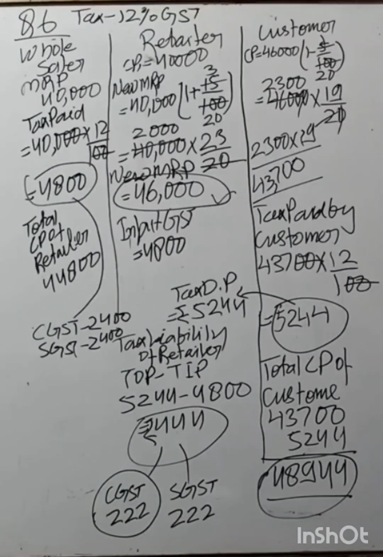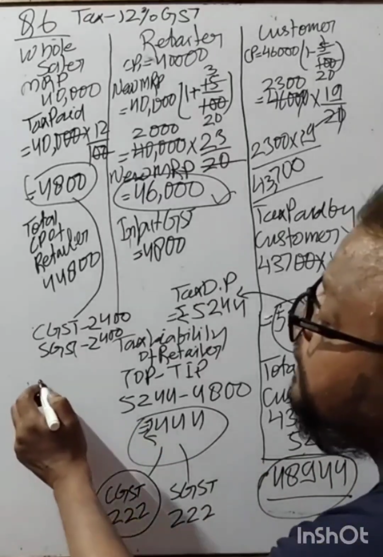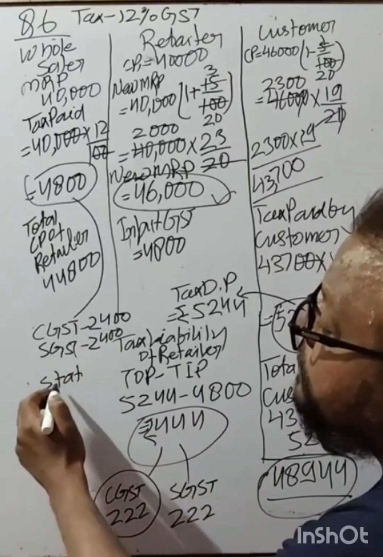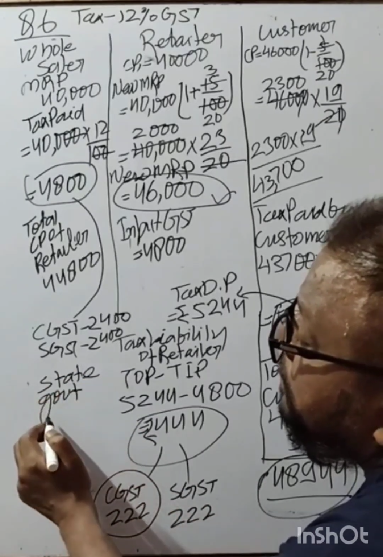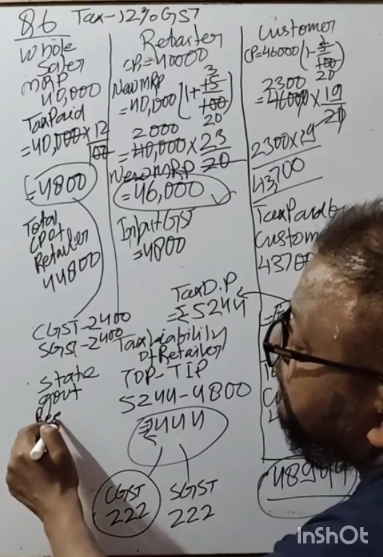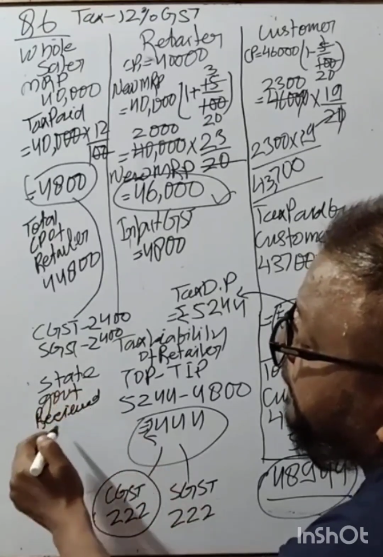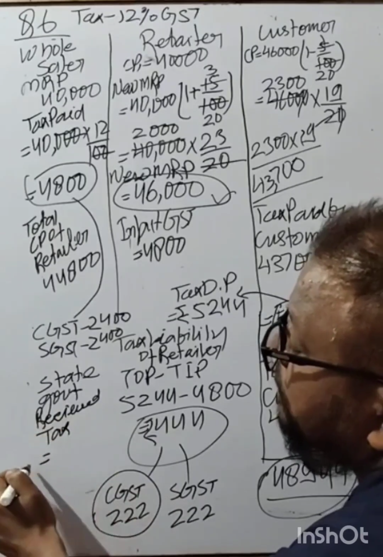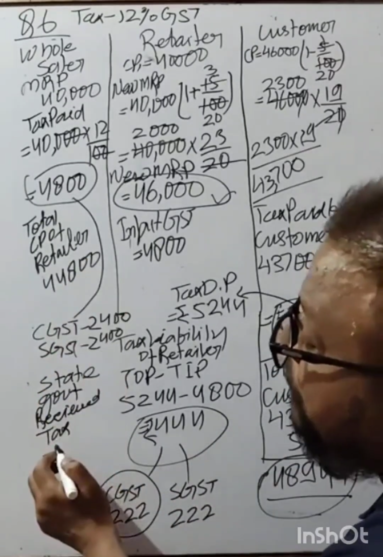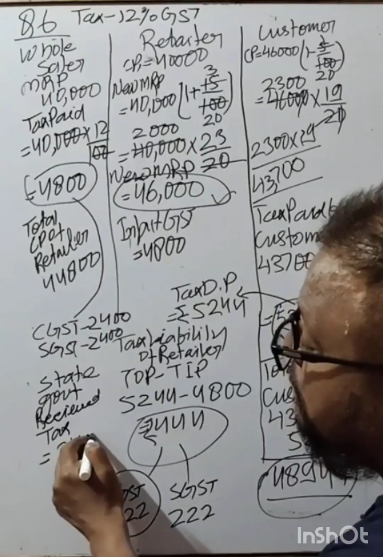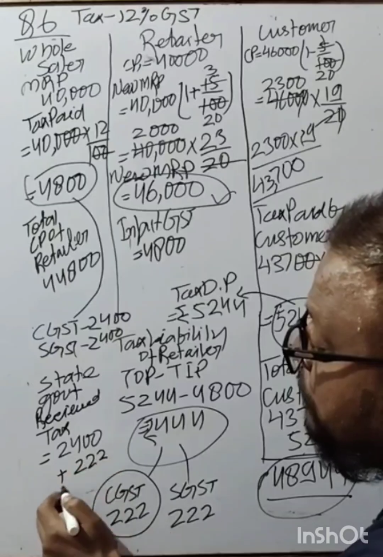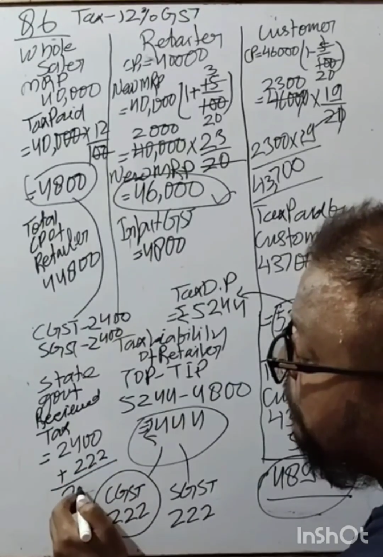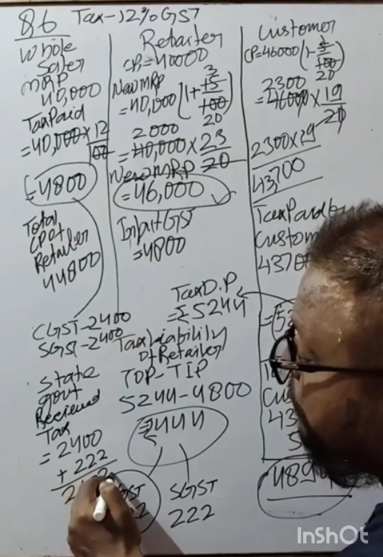The amount of tax under GST received by the state government. The state government received tax equal to how much? 2,400 plus 222. So how much is it? 2,622 rupees.